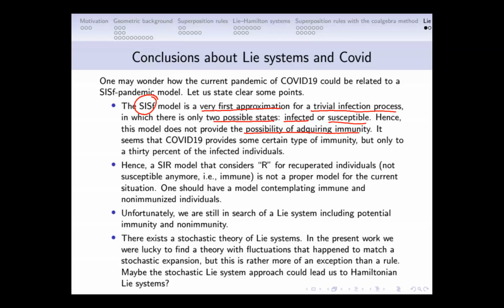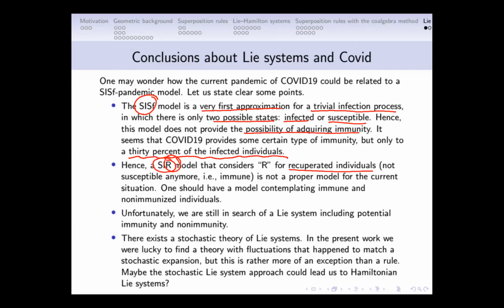So this is something that we have to consider, because it seems that 30% of the infected individuals by COVID get some type of immunity. So actually there should be a model that includes immunity and non-immunity in certain individuals. So one could say use the SIR model, where R means recovered individuals, basically that they are immune now.